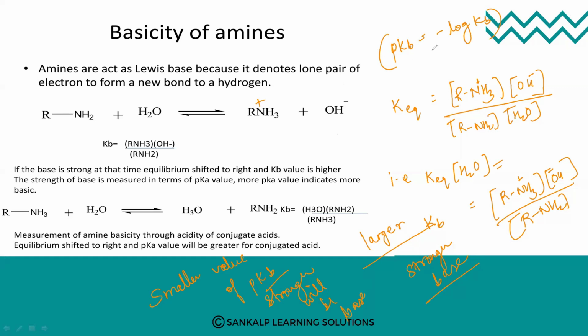So remember this: the larger the value of Kb, the stronger will be the base, and the smaller the value of pKb, the stronger will be the base. pKb and Kb are different terms. We are measuring the amines. This is about the basicity of amines. Amines act as Lewis bases and as Arrhenius bases. This is the property by which the basicity of amines is decided.